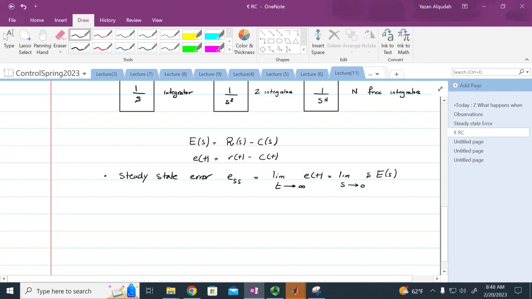Where is this coming from? Final value theorem. Very good.